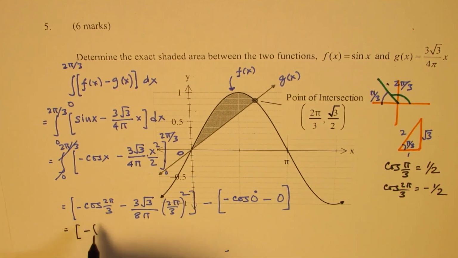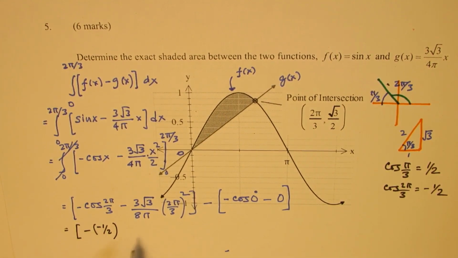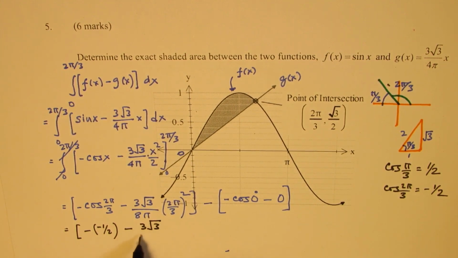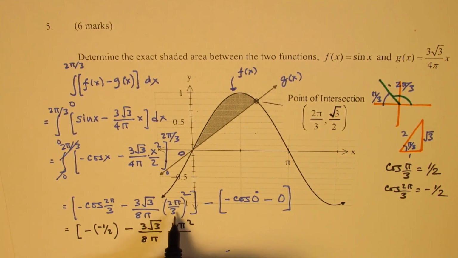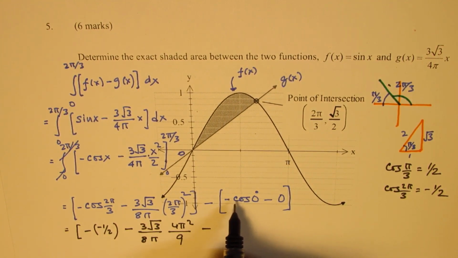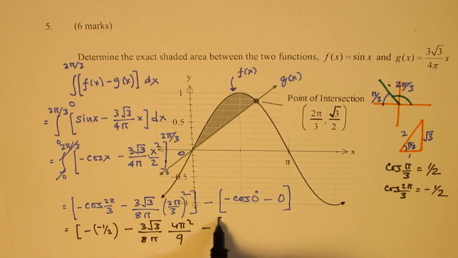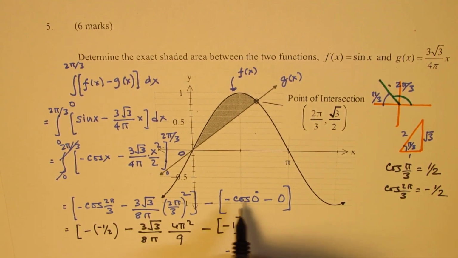Okay, so this is minus half for us, and here when you plug in 2 pi by 3, we get minus 3 square root 3 over 8 pi, times 4 pi squared over 9, since 3 squared is 9, right? And minus, we get here minus 1, right? So minus of course 0, which is minus 1. Let's put this in brackets. So that's what we have, right?